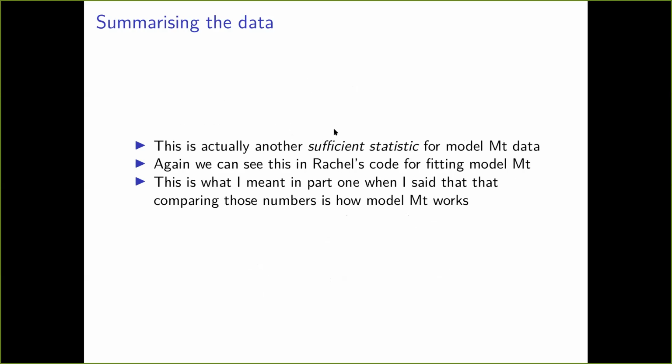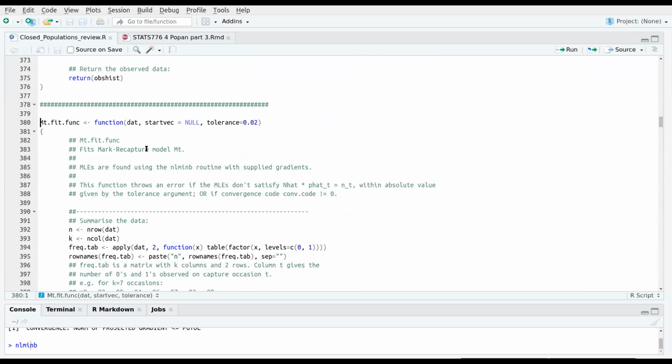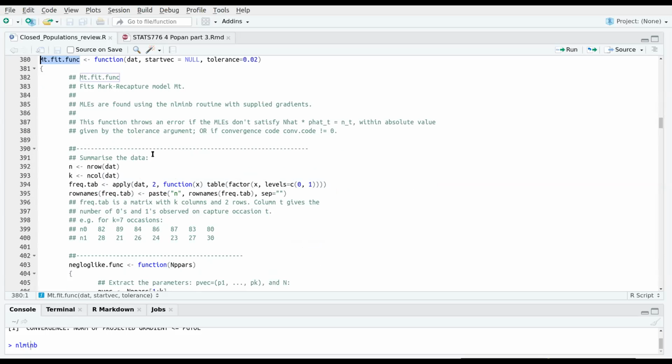And we can see this in Rachel's code as well. So this is the mtfit.func. And the first thing that she does is find the frequencies.